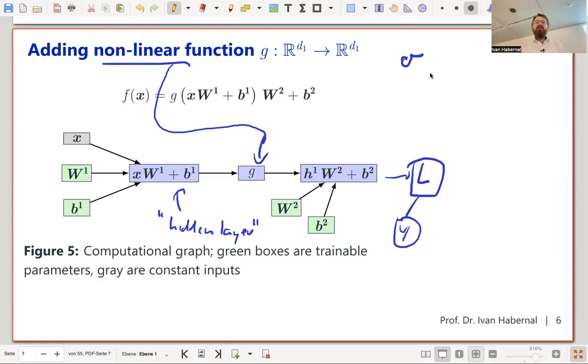Okay, so let me think. If you take a line and want to make it not a line, what is the simplest thing you can do? You have a line and you want to make it not a line. What can you do with that? Yeah, you can square it. Okay, that's super easy. Maybe there's something much easier.